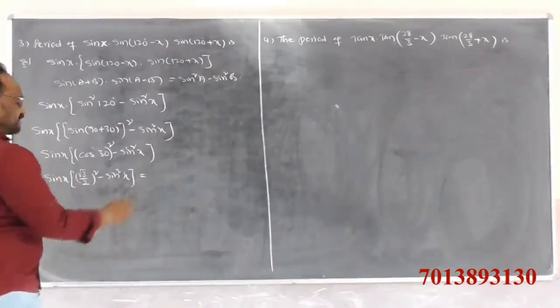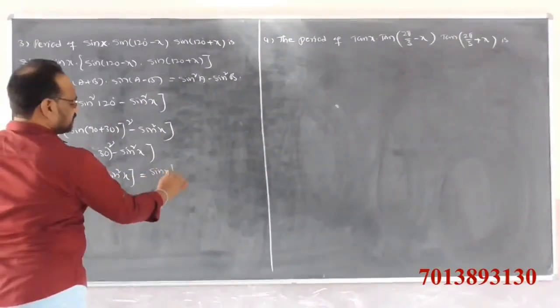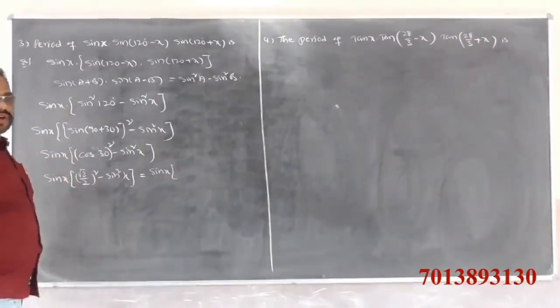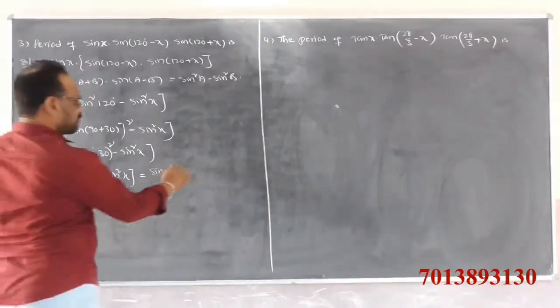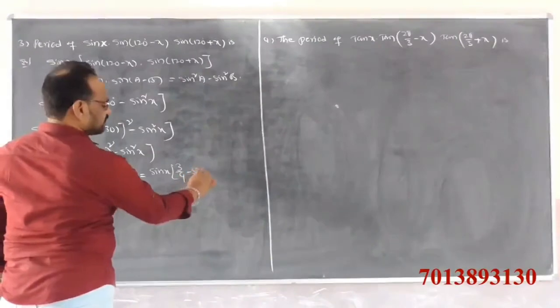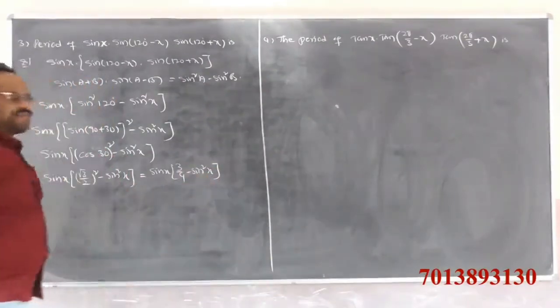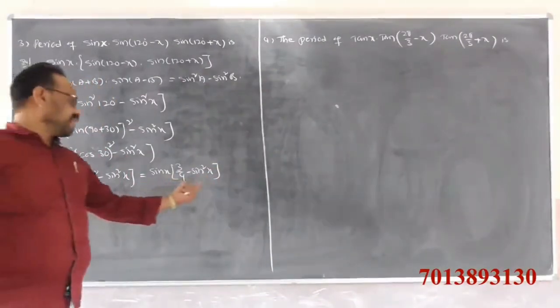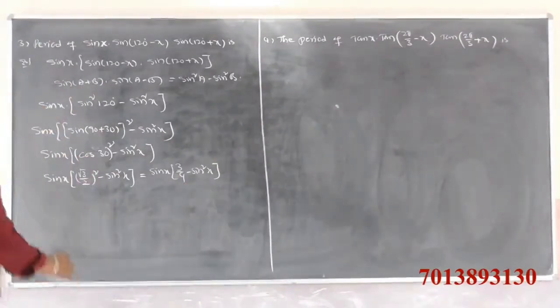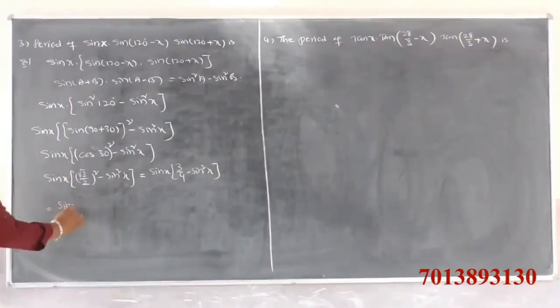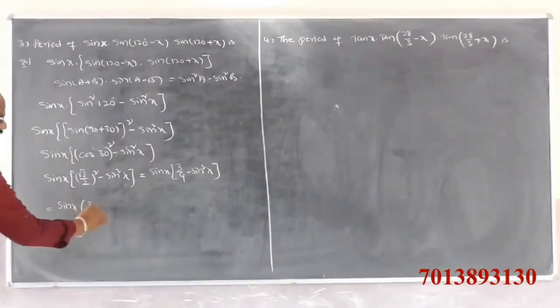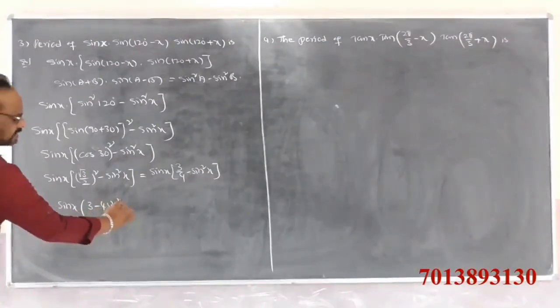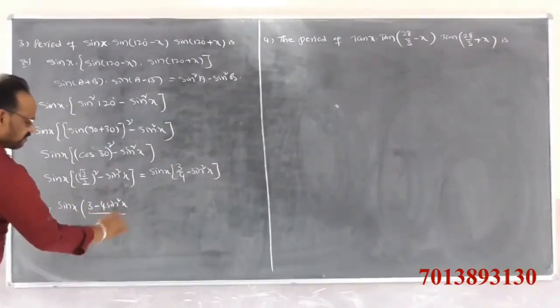That is equal to sin x into (3 by 4 minus sin square x), since square root of 3 by 2 whole square is 3 by 4. If you take the LCM, we get sin x into (3 minus 4 sin square x) by 4.